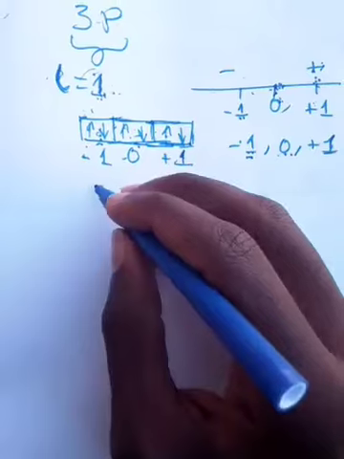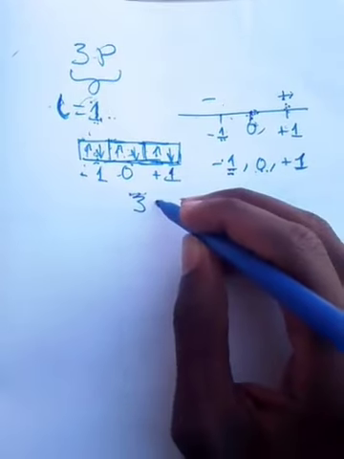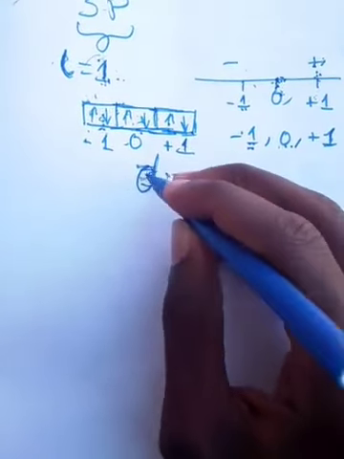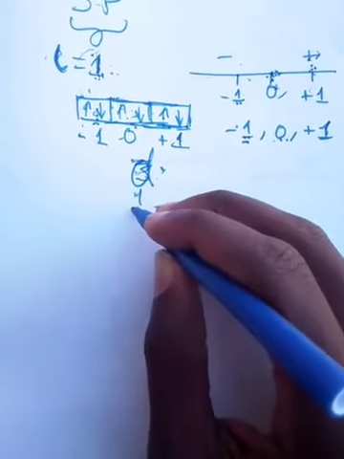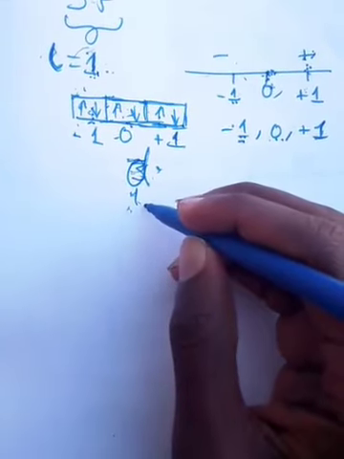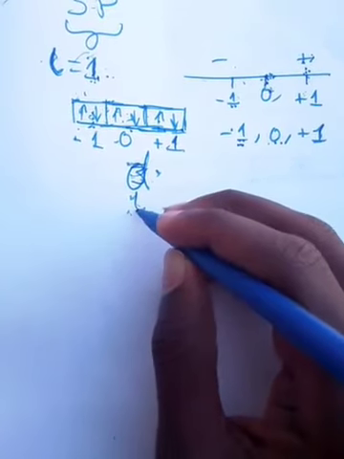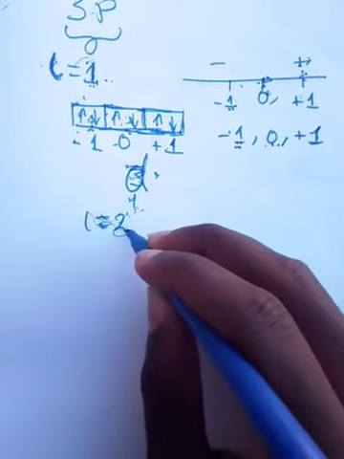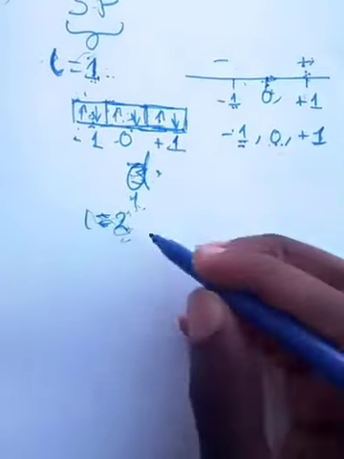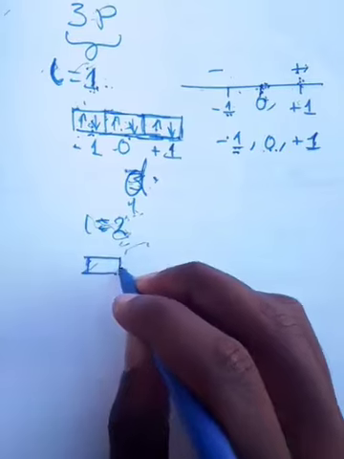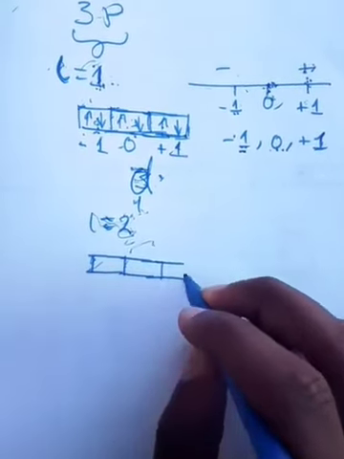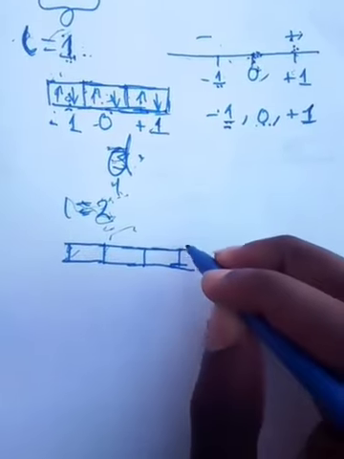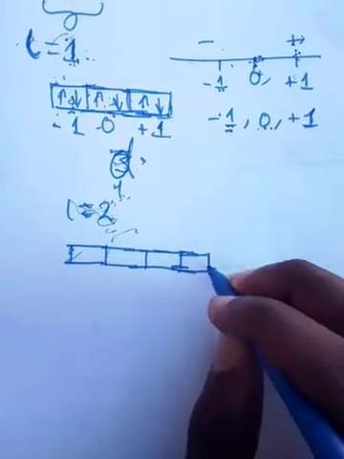Now let's say we look at D. D is represented by which angular momentum number? D is represented by 2, and you know that D only has 5 orbitals. Now, how do you find the orbital number for each?